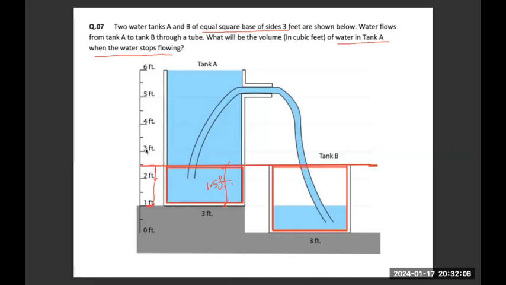I know the base of tank A is 3 by 3, which is given here. You have to find the volume of water in tank A. So the volume in tank A will be 3 multiplied by 3 multiplied by 1.5, which is 13.5 cubic feet.